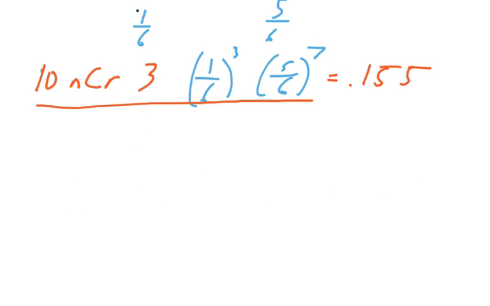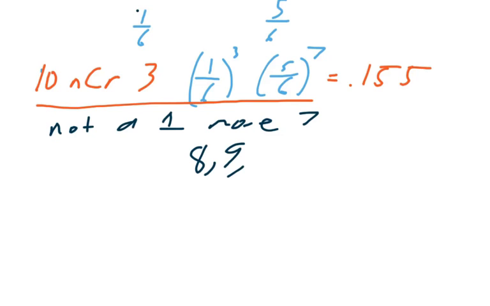For example number 8, I'm going to stick with this because it says the probability that you don't get a 1 more than 7 times, which means we need to figure out 8, 9, and 10.